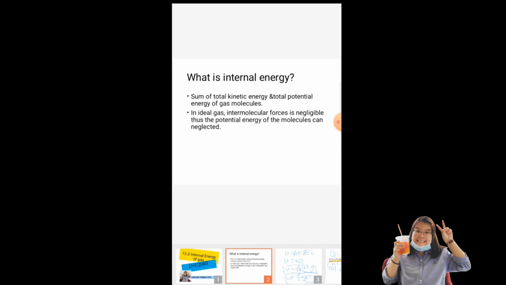But in an ideal gas, the intermolecular forces are assumed to be negligible, thus the potential energy of the molecules can be neglected. So we can see here, as the definition mentioned, U is defined as the sum of the kinetic energy and the total potential energy.